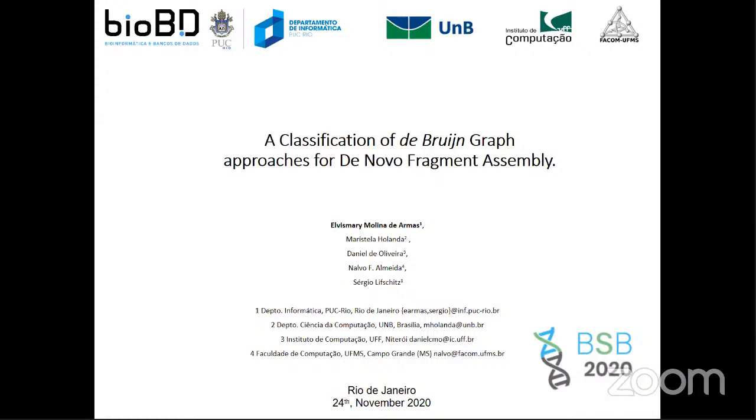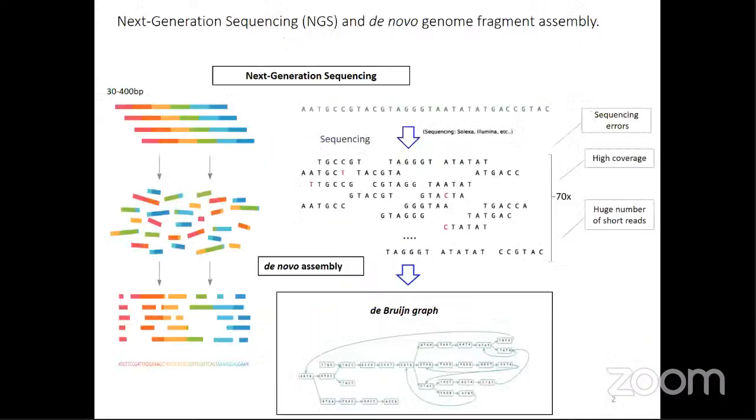Daniel de Oliveira from UFF. Next generation sequencing dramatically lowers the cost of sequencing nucleotides and increases throughput by orders of magnitude. However, it is not able to obtain a complete strand of DNA. Instead, it generates small fragments called reads.